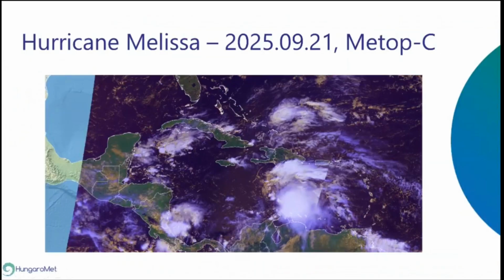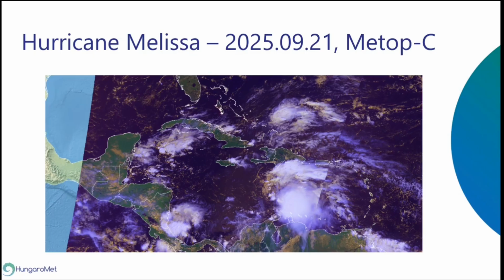And I think we all have heard, and we are quite aware, of what is going on in the Caribbean with Hurricane Melissa. So here I put a map of AVHRR RGB images, one image per day.